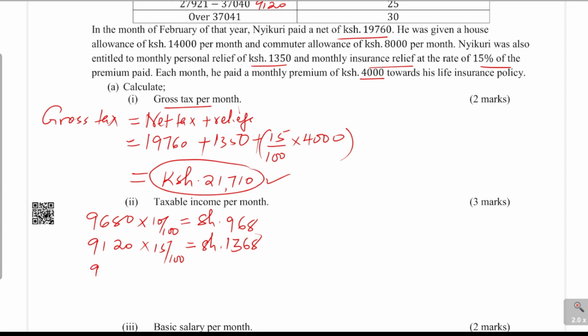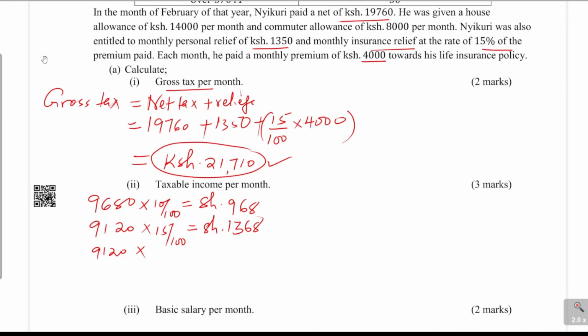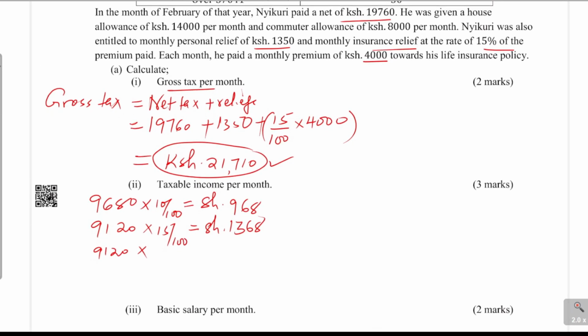The next band is 9120 times the rate there, which is 20%. And this will give a tax of 1824.